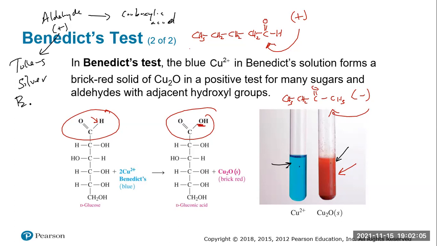In the case of the Benedict's test, that orange-red color would signal a positive, meaning your aldehyde went to a carboxylic acid. If you had a ketone, it would not go to a carboxylic acid. The Tollens test would not turn that mirror color, and the Benedict's test would stay bluish, and that would be negative. So those are two very common tests for an aldehyde or a ketone.